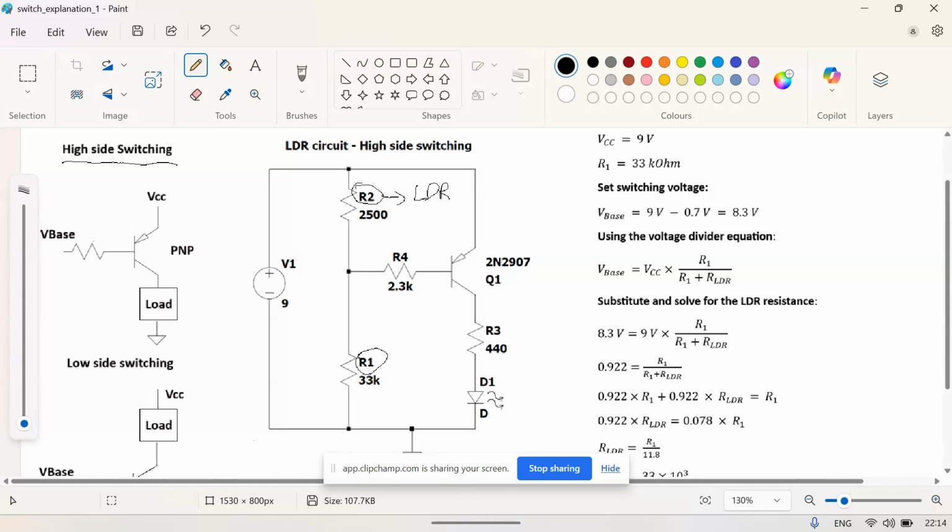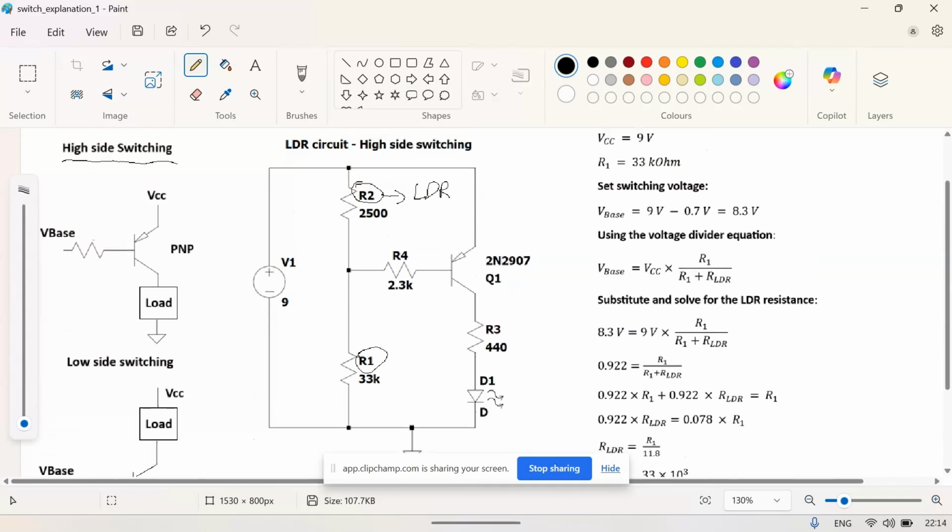What the circuit does is, when the light goes out, the LED starts glowing, and when the outside light is bright, the LED turns off. This is the purpose of the circuit. In order to limit the current through this LED, we are using a 440 ohm resistor.